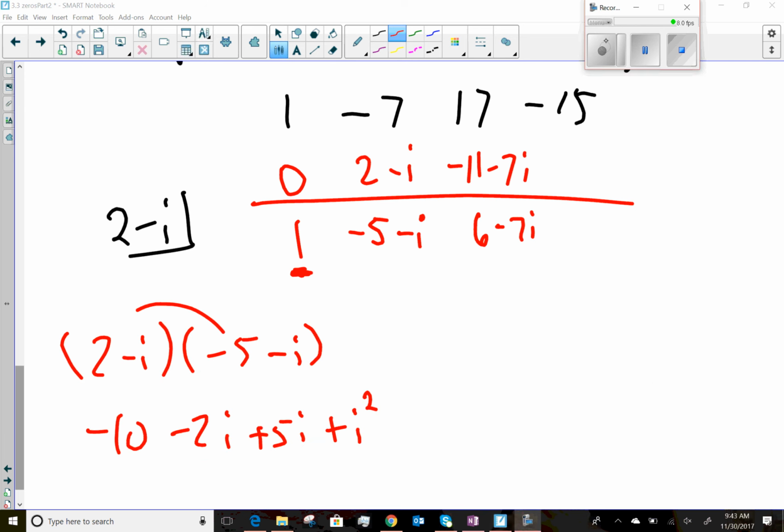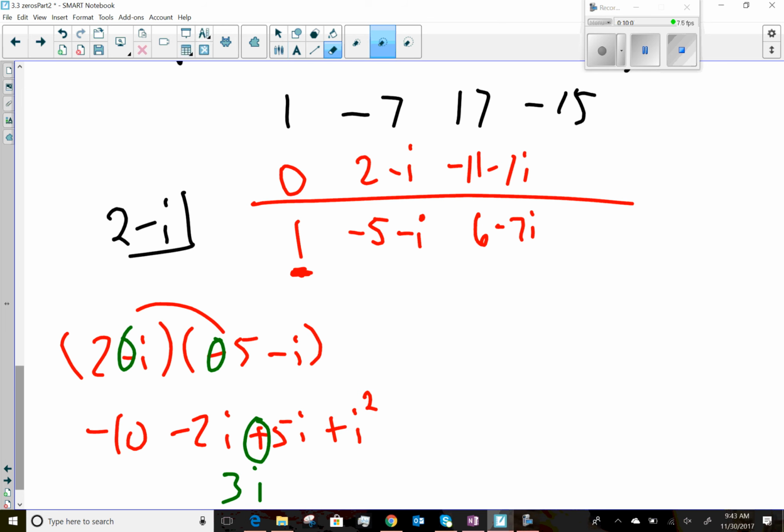Sometimes you have to take it apart here, and oh man, you guys are going to be mad at me, right? A negative times a negative is a positive, which I tell everybody all the time. Well, I did a negative times a negative is a negative. So a negative times a negative is actually a positive, so I get positive 5i, and then minus 2i would be 3i. Oh man. So this is a negative 11 plus 3i.